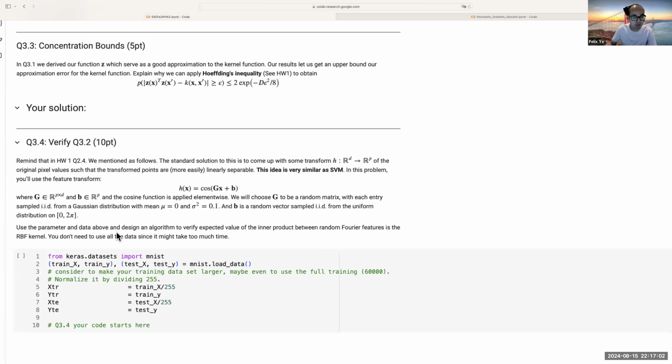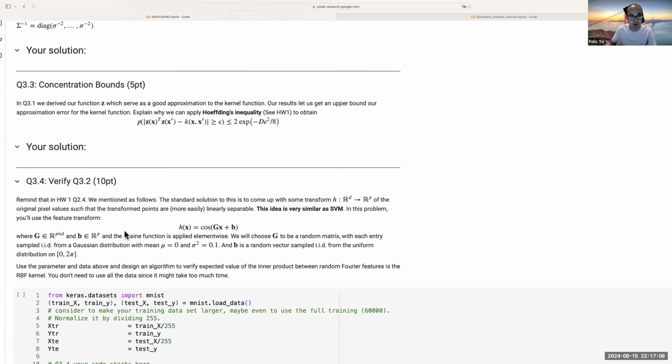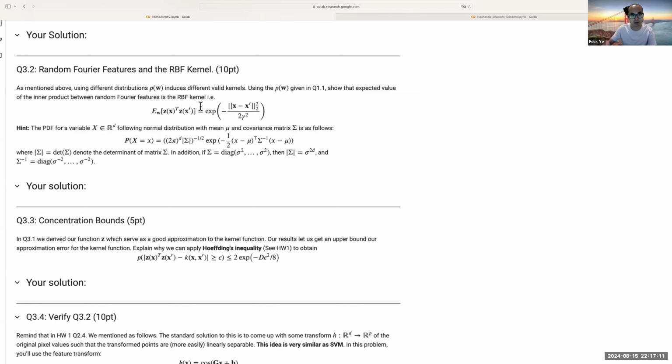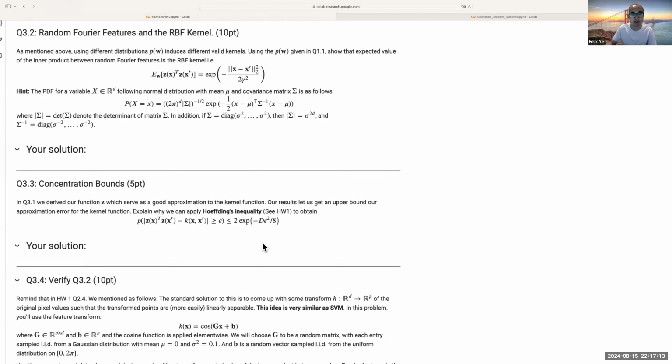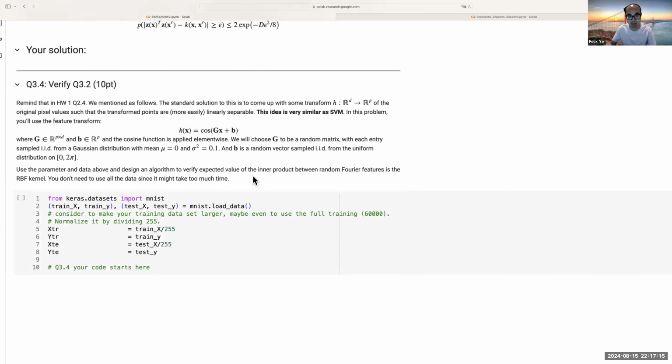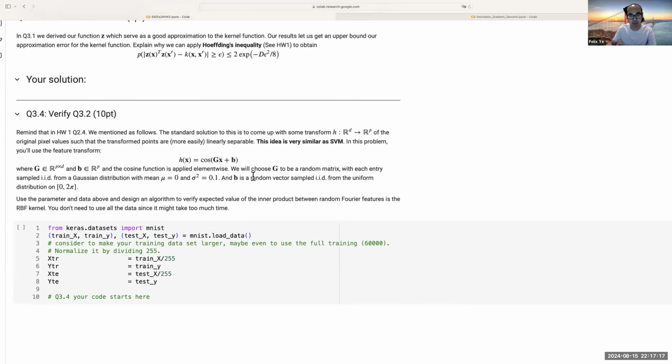With that, you can use this data and the parameters to design an algorithm to verify whether this statement is true or not. If this statement is true, that means our method is basically equivalent to working with the Gaussian kernel and SVMs. This is something we are already doing in practice, even though we didn't teach the SVM yet.